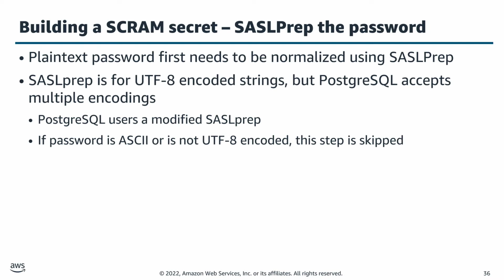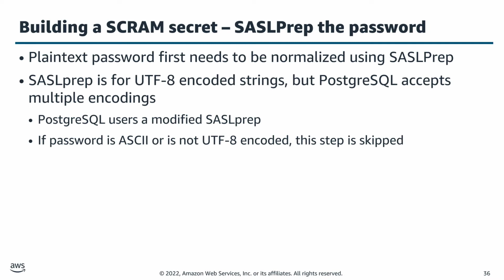The thing with this is that the SCRAM RFC thinks about strings being encoded in UTF-8. Postgres can encode strings in way more than UTF-8, anything from the SQL_ASCII mode, which is kind of Postgres' way of saying encode in anything, I don't care, to a variety of different collations.